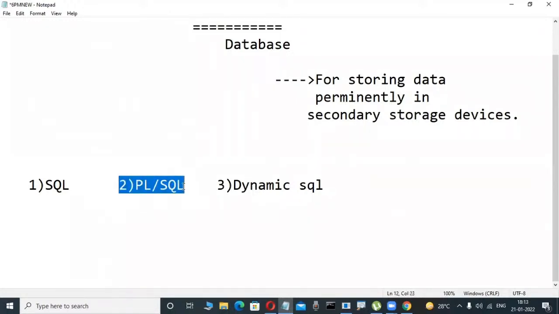Why is this language required? Because of so many applications. For example, if you are a first-time newcomer, concentrate here on how you can understand. Why PL/SQL is required, just for an idea, some applications I'm telling.